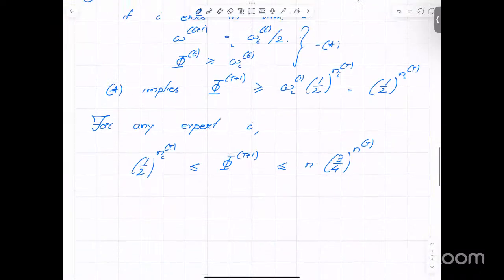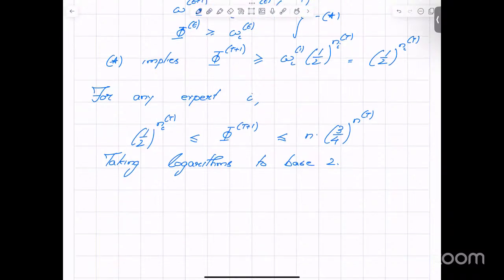So now taking logarithms to the base 2, what do we have? Let's write it as: n of t into log of 4/3 is less than or equal to ni of t plus log n.